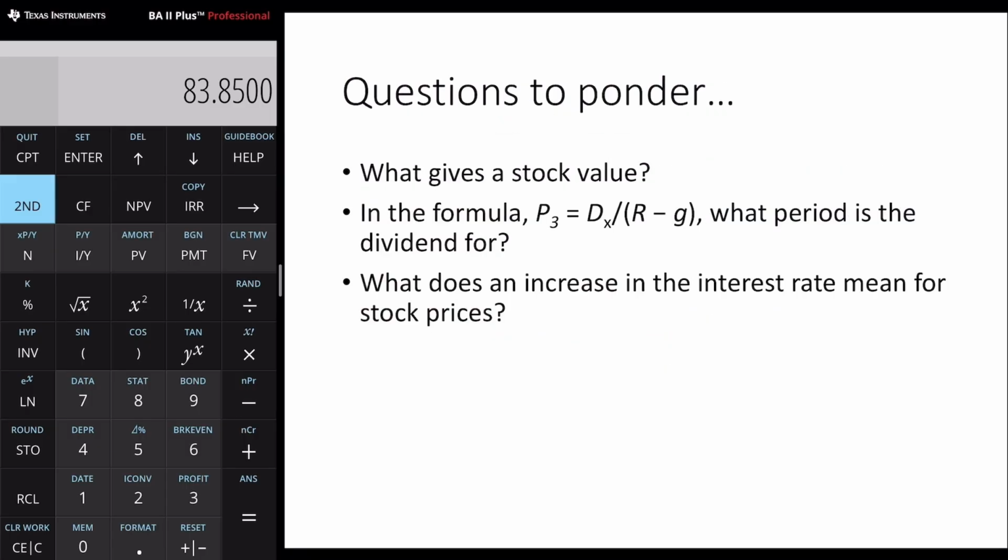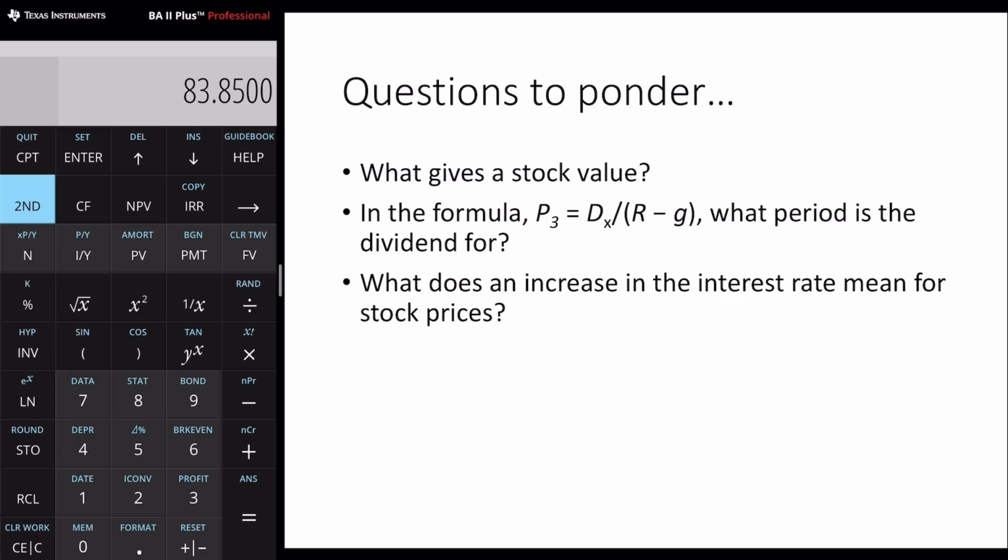Okay, so just a few last remarks. What gives a stock value? Well, in the way we've been approaching it, a stock has value because it generates cash flows in the future. If you hold a single stock forever, if you never sell it, where does your return come from?